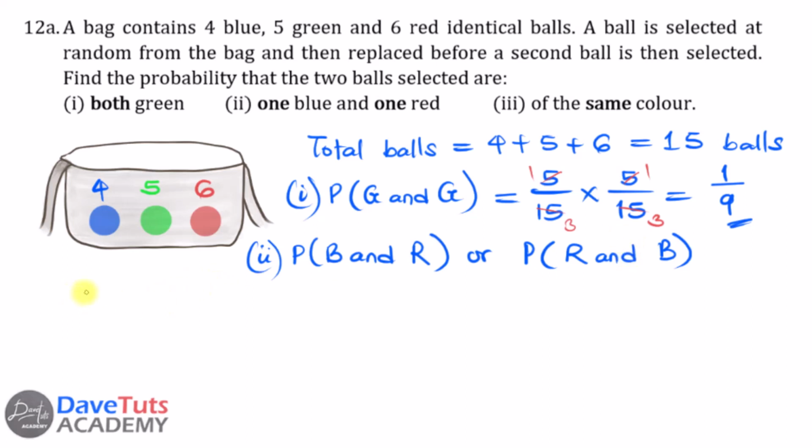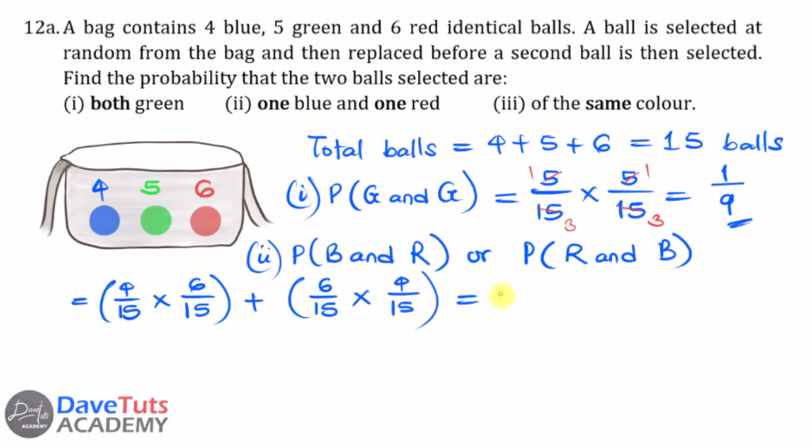So if we want to look at that, let's use the guide of what we have there. That means for blue it is 4 over 15, that's the probability of picking a blue ball. But now we are saying and red, it would have been replaced, so it will still be 6 over 15. And when we have or, that means addition in probabilities, so we have plus. Now red first will be 6 over 15, then and blue, that will be 4 over 15.